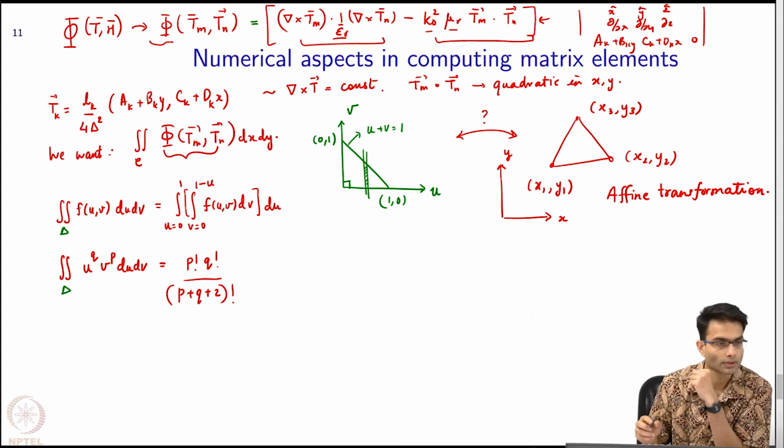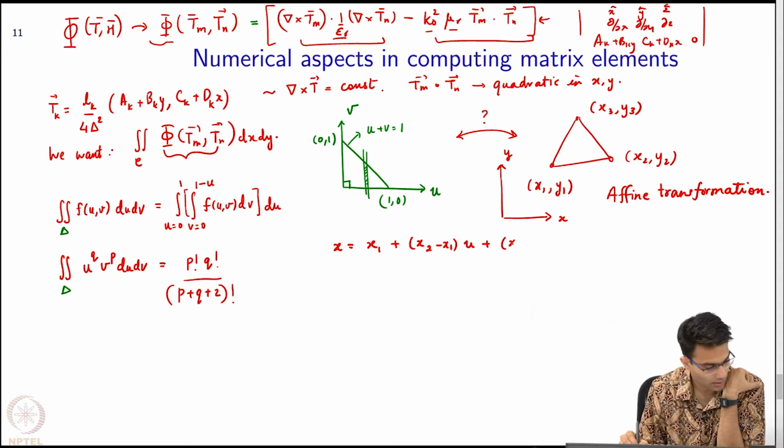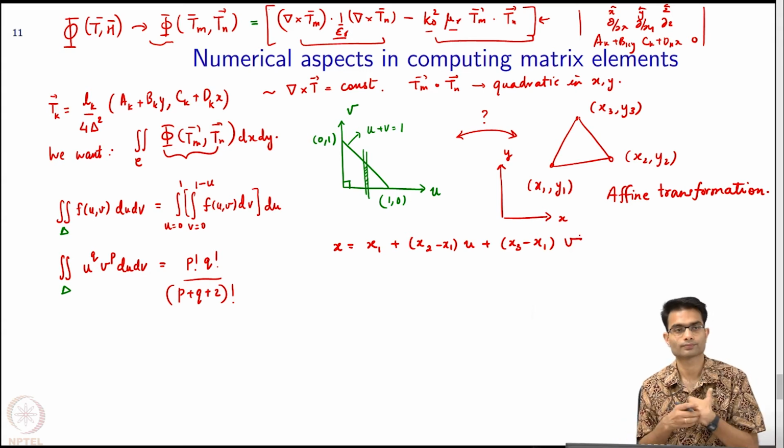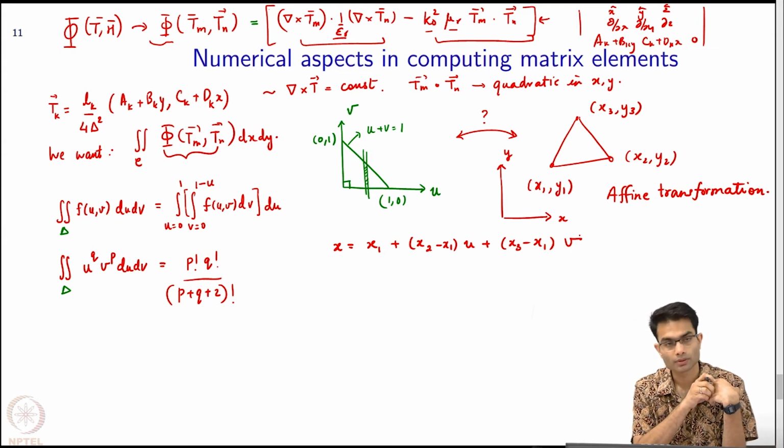How does it work? Supposing I write x is equal to x1 plus (x2 minus x1) times u plus (x3 minus x1) times v. Now supposing I substitute u is equal to 0, v is equal to 0. What happens? I get x1.